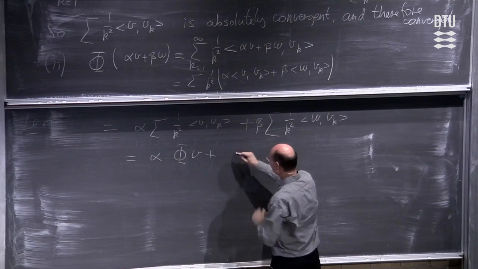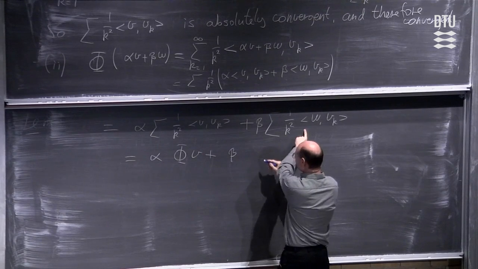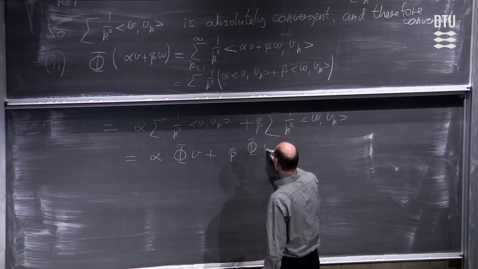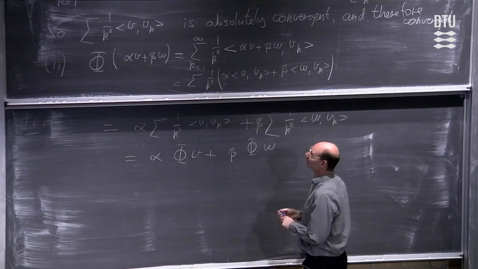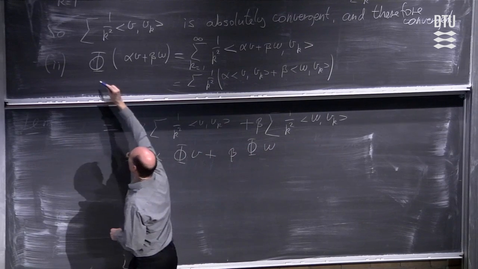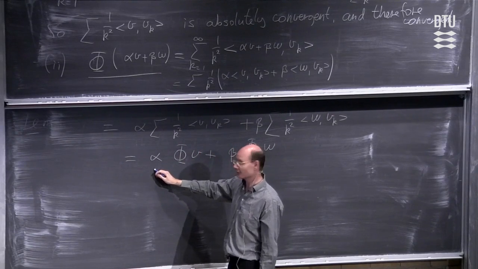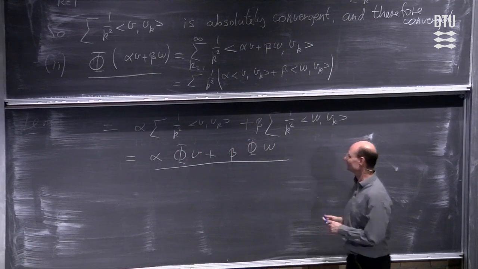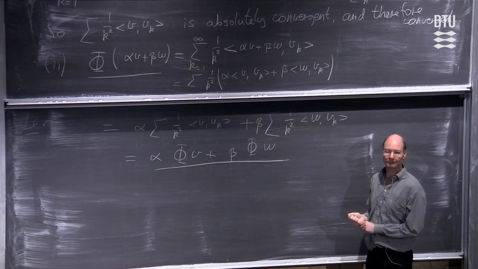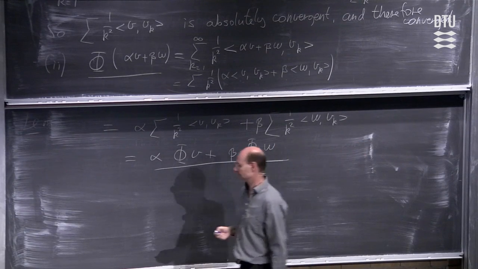And what we have here is beta times phi of w. So that means phi of any linear combination is the same as just alpha times phi on the first vector plus beta times phi on the second vector. So this shows the linearity.